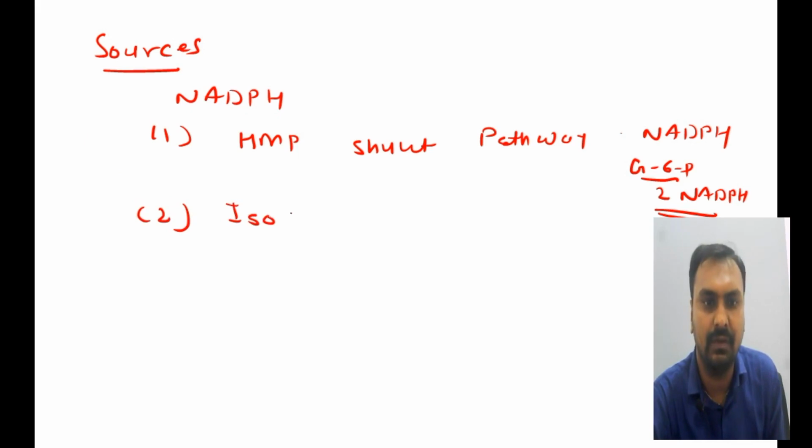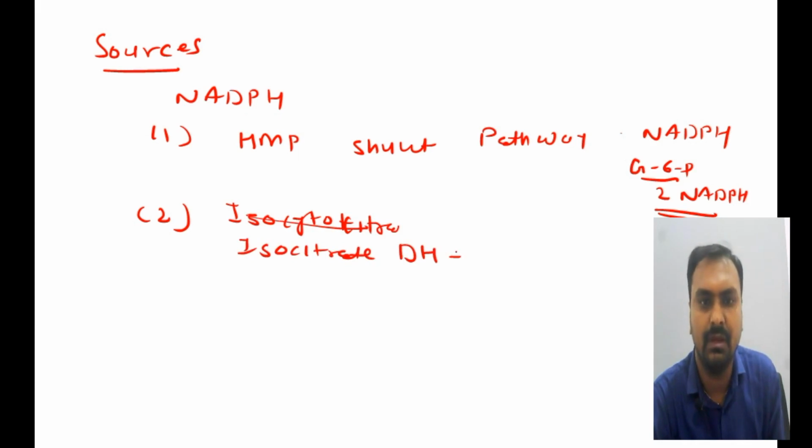Another is cytoplasmic isocitrate dehydrogenase, that will convert isocitrate to alpha-ketoglutarate, and NADP is converted to NADPH.